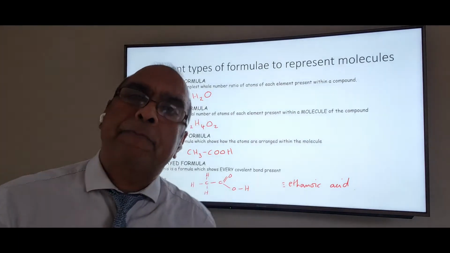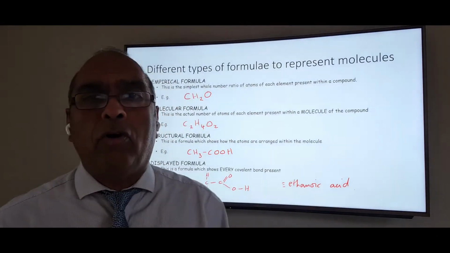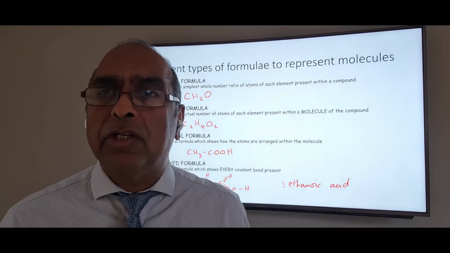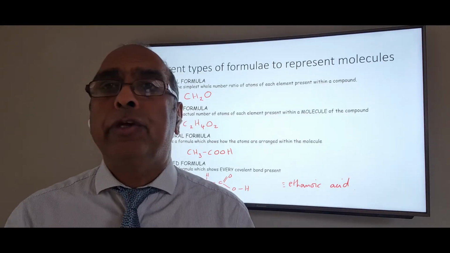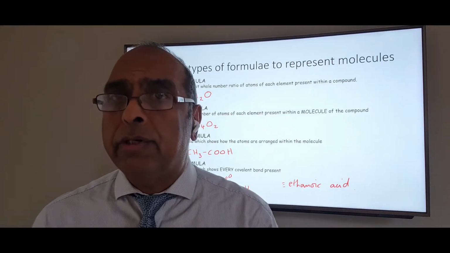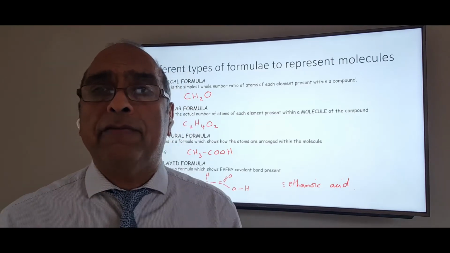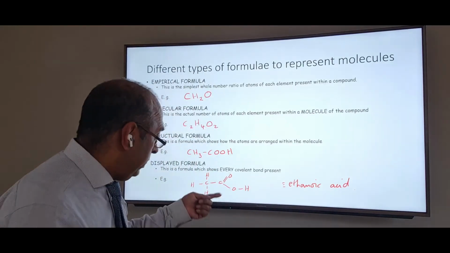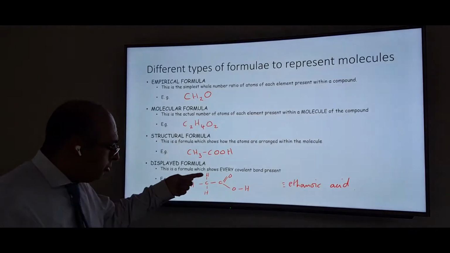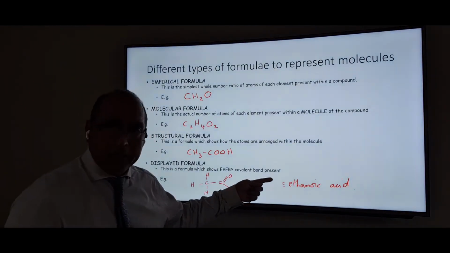But the best formula of all, the formula which tells you everything about the chemical in question, is displayed formula. The displayed formula is a formula which shows every covalent bond present.